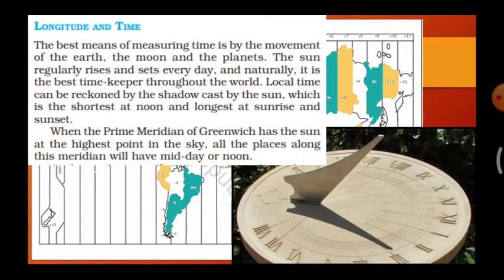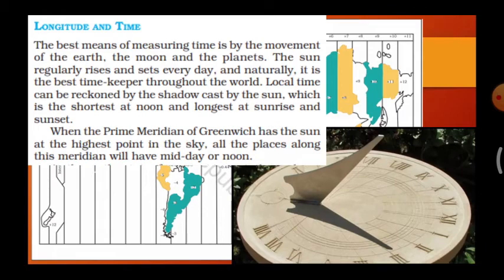The earth moves around the sun, which means the earth rotates. If the sun falls on this clock, the shadow of the needle will show the time. So like this only, the earlier people found out the time.